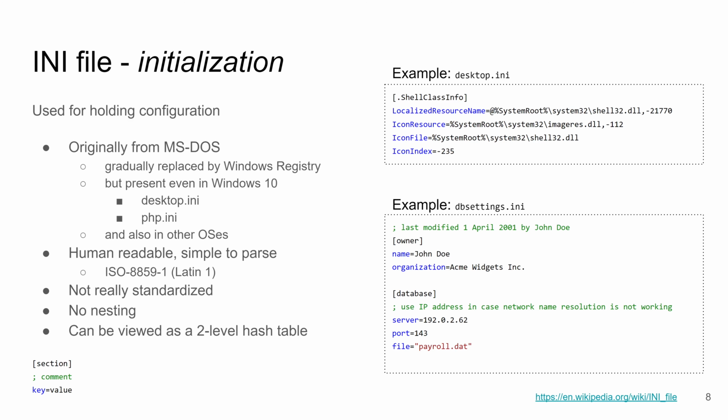The INI file can be viewed as a two-level hash table, because the first level consists of the section names, and when you use the section name, you will get the value which is actually the key value hash table in that section. So that's why it can be viewed as a two-level hash table.